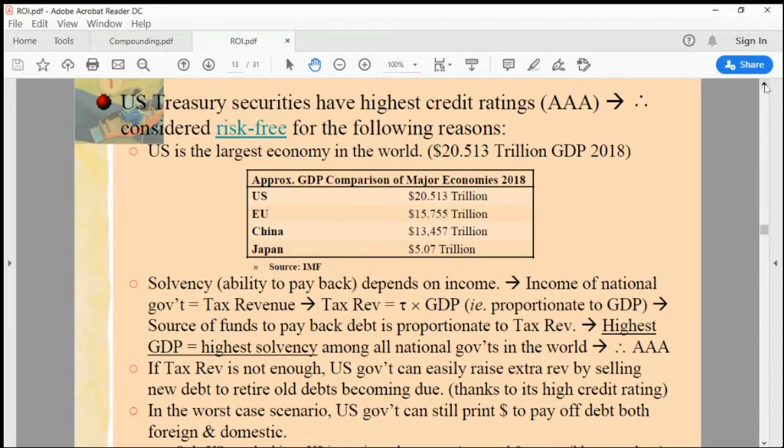If your annual income is $50,000, they won't lend you up to $50,000, but at least they will lend you up to a certain percentage, 50% of your annual income, or 70%.